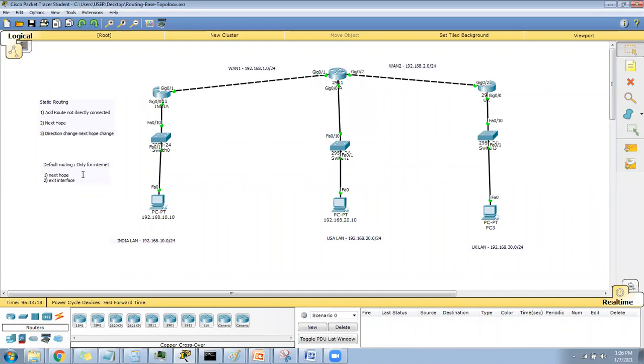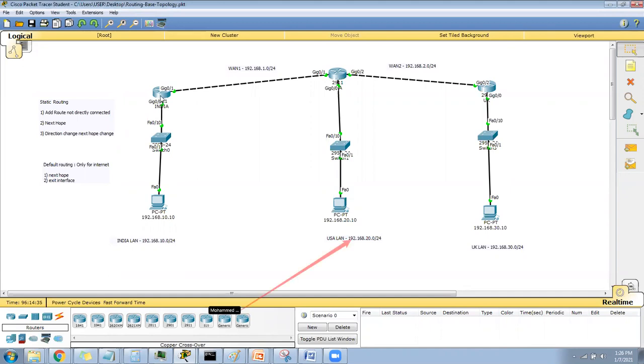Okay, only for internet. Remember this one. This machine's IP address I'm not using. So what we will do?